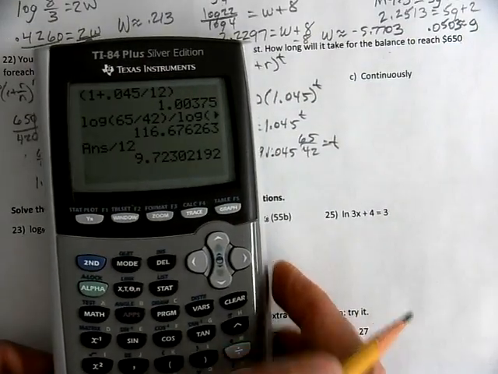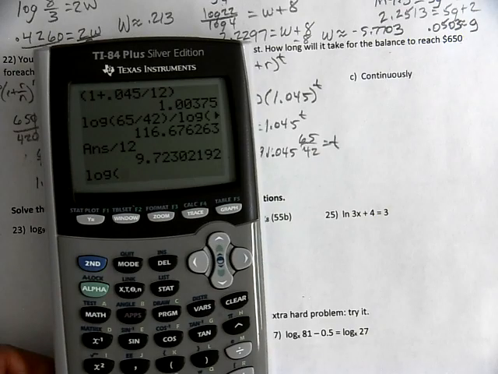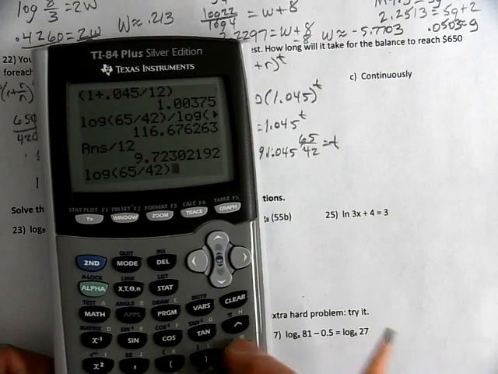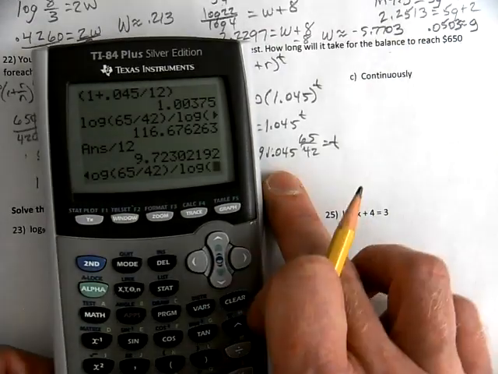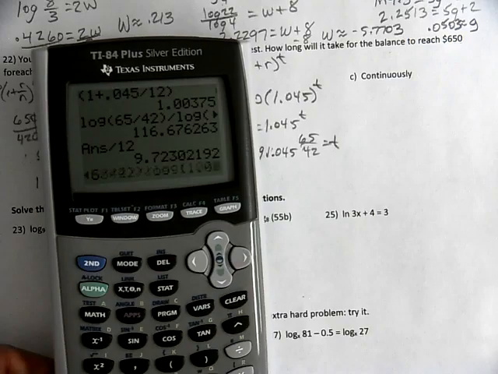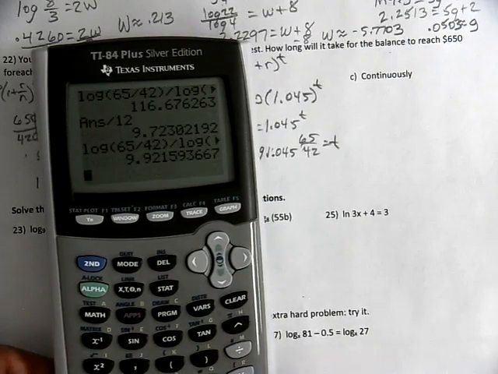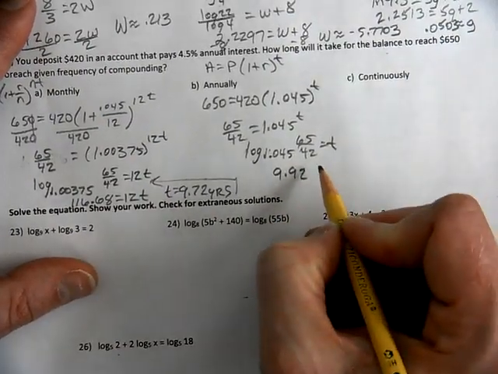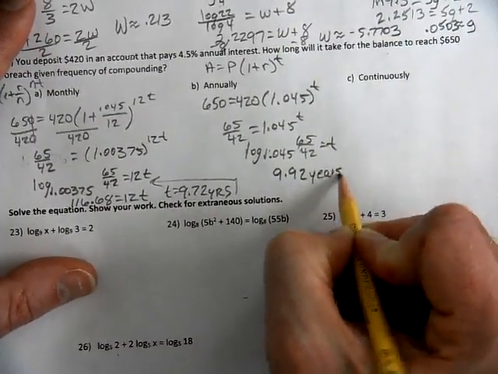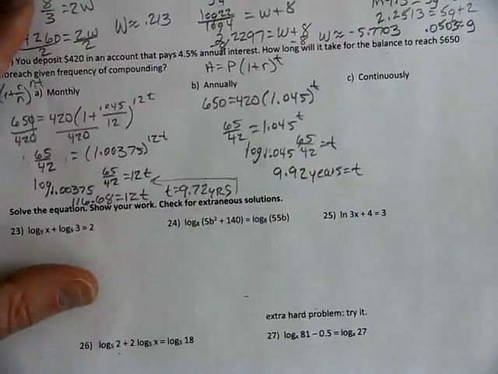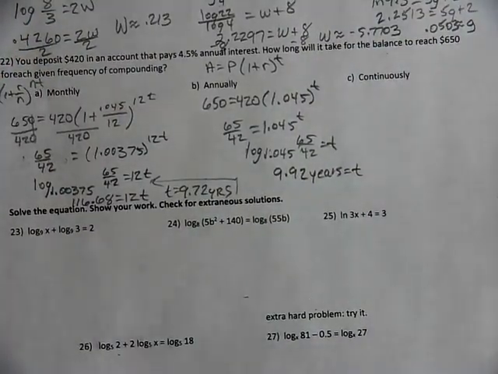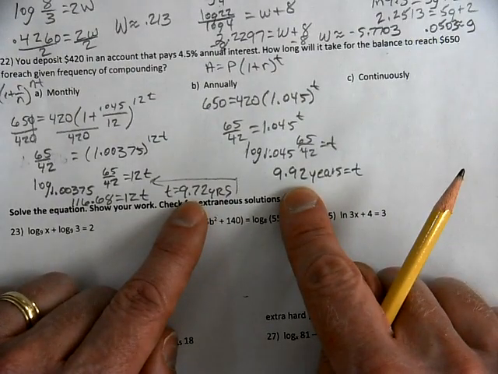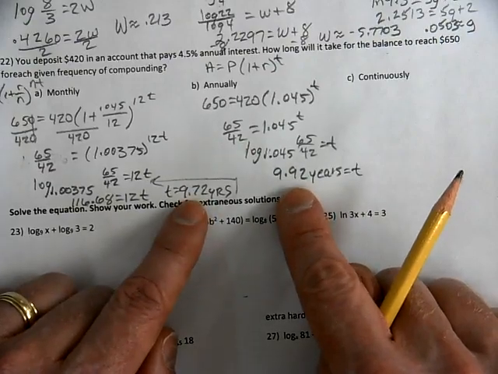And we'll do our log of 65 divided by 42 divided by the log of 1.045. So this is going to take a little bit longer because we're not compounding it as much. Not a big difference, but longer.